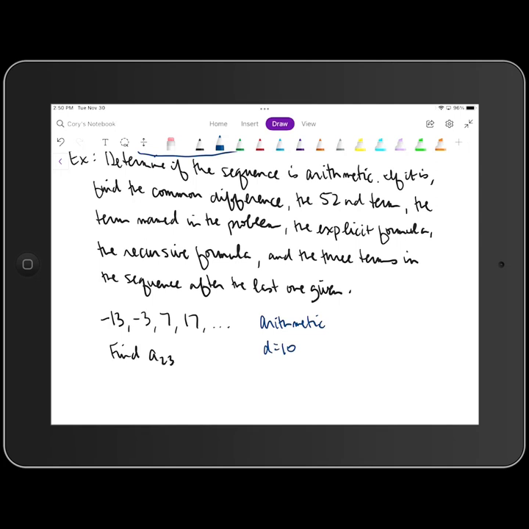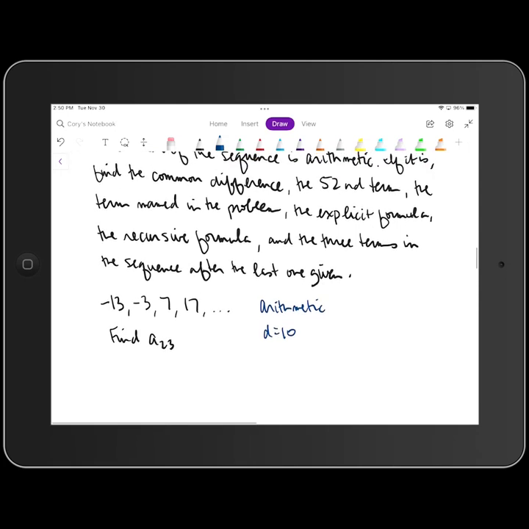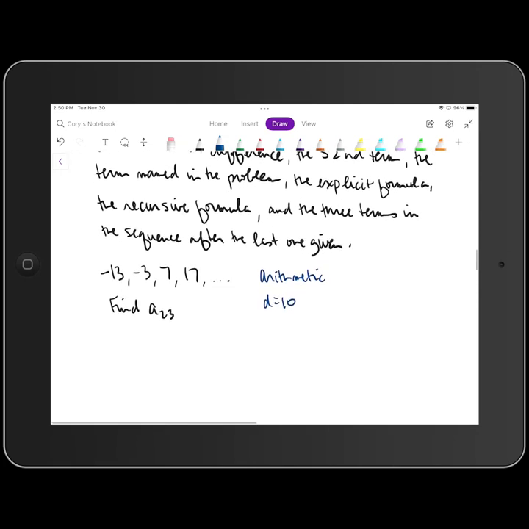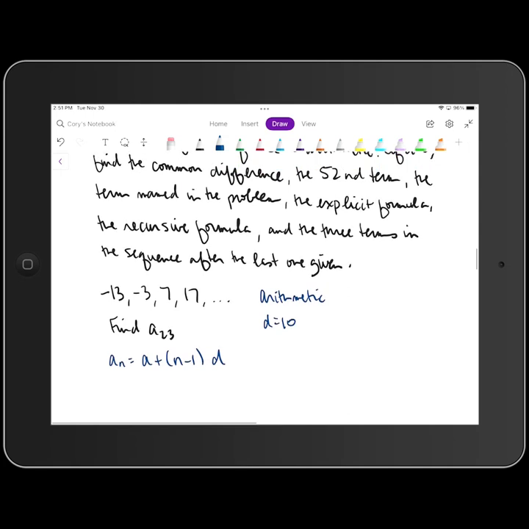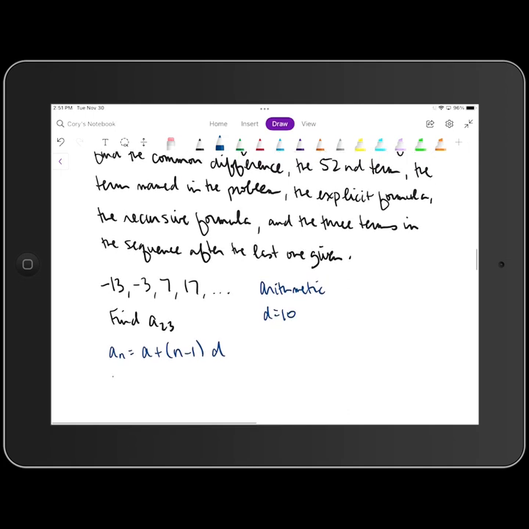Okay, so the next thing the problem asks us to determine is the 52nd term. Okay, so we're going to use the formula that we just got introduced to before the last set of examples. So a sub n is equal to a plus n minus 1 times the common difference d. And we want to use that to calculate a of 52. So a of 52 will be a, so the first term is negative 13, plus 52 minus 1 times the common difference, which is 10.